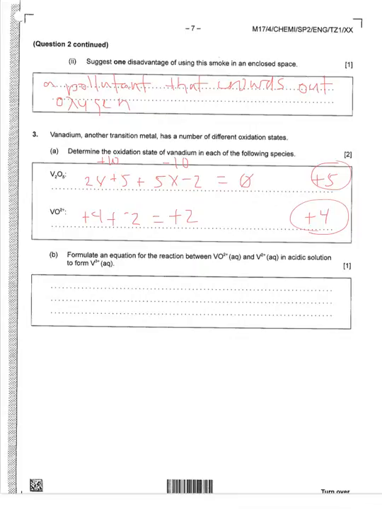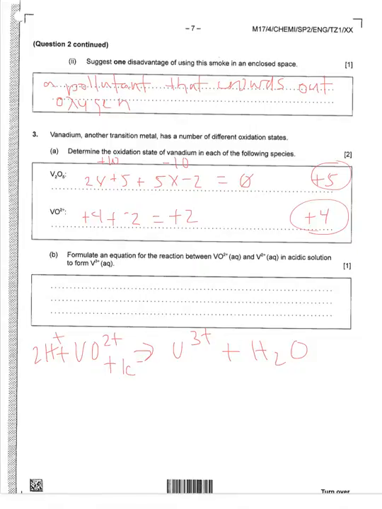I've got VO2+ becoming V3+. So I'm going to need an H2O over here, which means I'm going to need 2H+ over here. And if I look at my difference in charge, my 1 electron goes on the other side, plus 1 electron on this side.